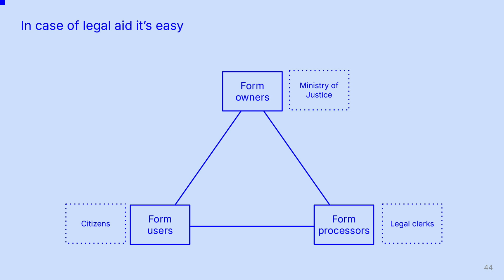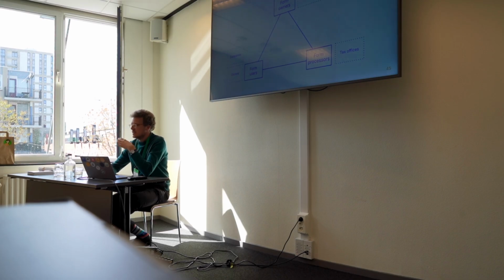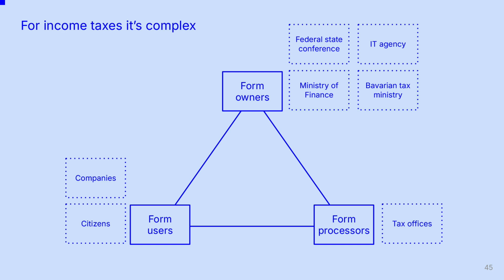We only have the Ministry of Justice. Yes, we have the states, but then we have only one legal clerk working on the case, and mostly the citizens, sometimes friends and family. But in the case of the income tax, this is much more complicated, as there's the Ministry of Finance, the Bavarian Tax Ministry, the Federal State Conference, and another IT agency. So yeah, there we have lots of stakeholders.